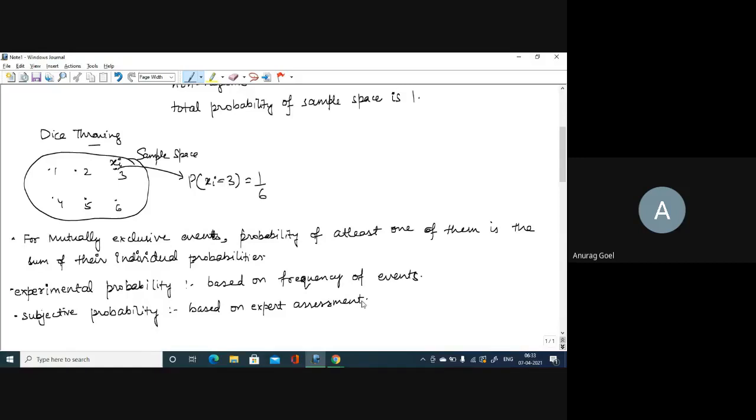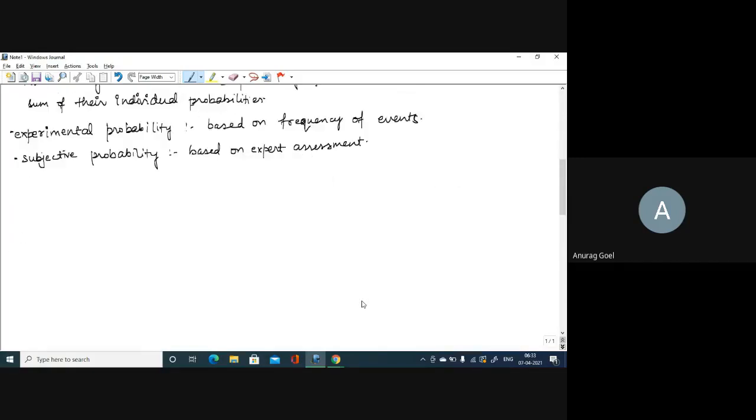Next comes compound probabilities. Compound probability describes independent events.